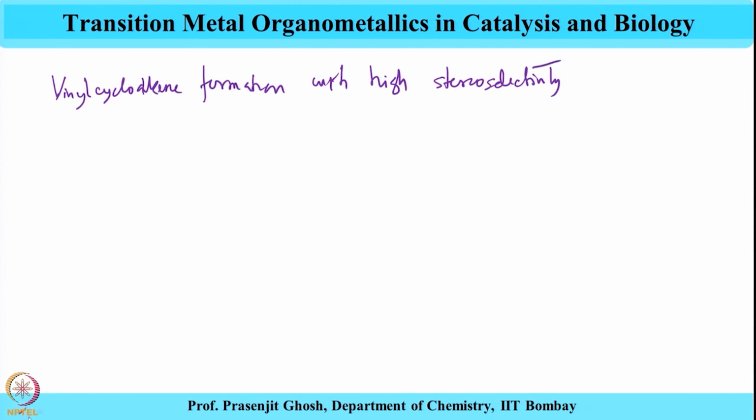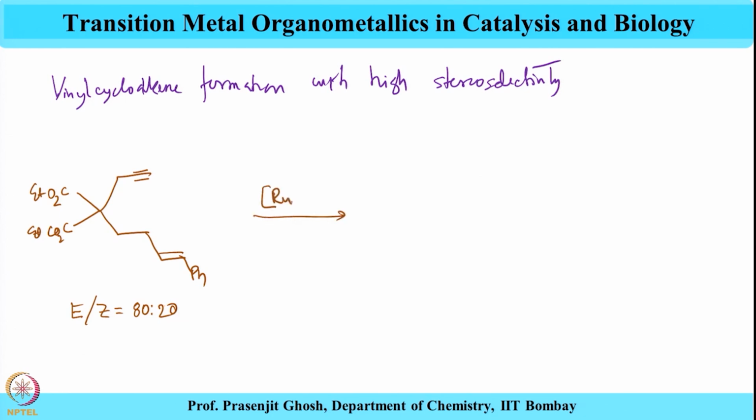This is explained in the example, CO2Et, CO2Et, so this has an E/Z ratio, 80:20 E/Z ratio in presence of ruthenium catalyst.